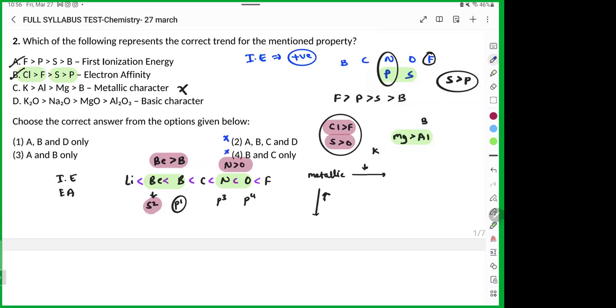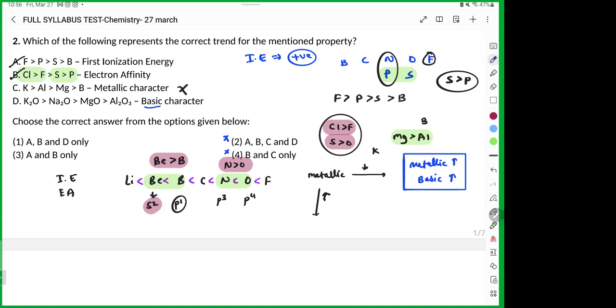Now we have to look at the fourth option. Basic character. Metal oxides show very good basic character. So if metallic character is more, then basic character will be more. Why?